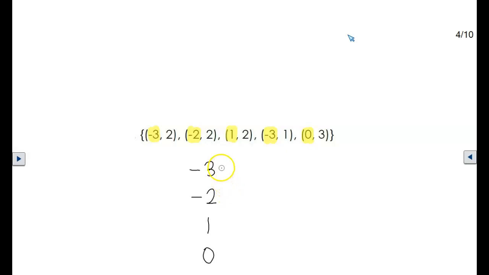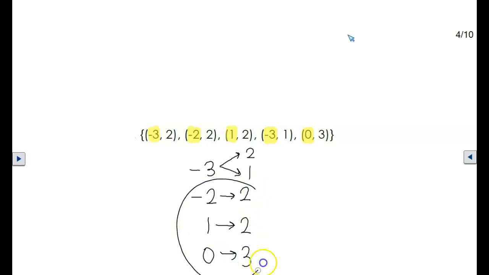So I want you to notice that negative 3 is connecting to 2 as a y value, and then negative 3 is also connecting to 1 as a y value. So negative 3, that one particular x value, is making two different connections to y values. Negative 2 as an x value is only connecting with 2 as a y. 1 is only connecting with 2 as a y, and 0 is only connecting with 3 as a y.